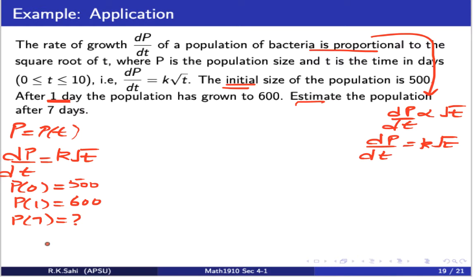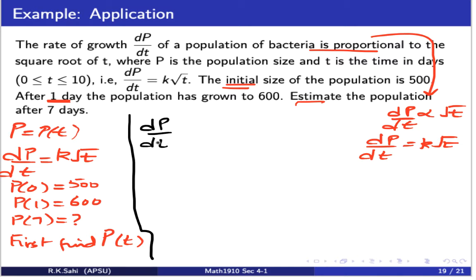Now, to find this population after 7 days, first we find P of t, guys. Let's look at this problem. dP/dt equals k times the square root of t. We're going to integrate.